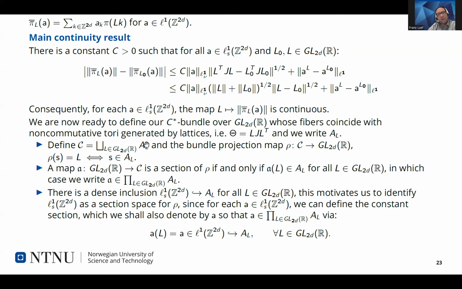So using this, you can set up things as you would think you would do. Instead of a theta, now I emphasize the L, which represents the theta, this J, L, J, L transpose. So we take all these A_L for all these lattices, and then we have this natural bundle projection map, which says that if you have this L, then you should be exactly in this noncommutative torus.